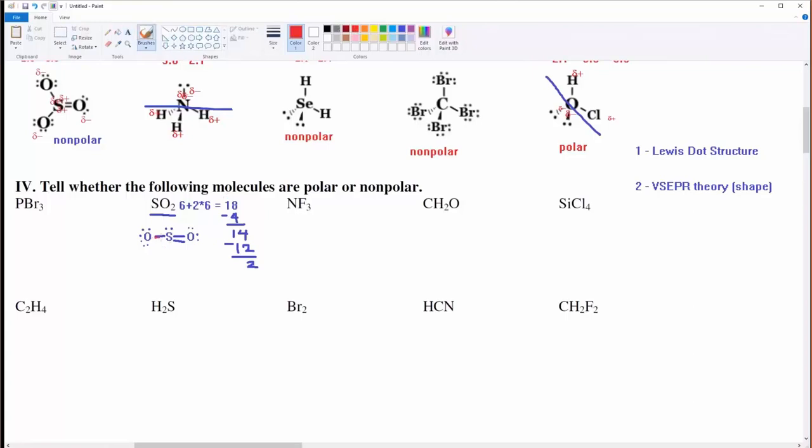You have 1 bonding interaction there, 1 bonding interaction there, and a lone pair there. That is 3 electron sets. And so that's going to be arranged like a little triangle. And then if you're looking at just the atoms, we call that bent, right? Okay, so what's the next step then?